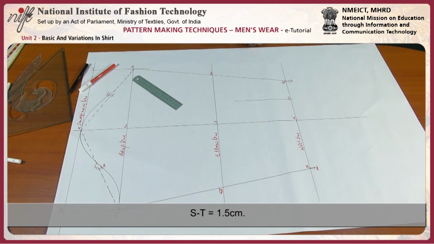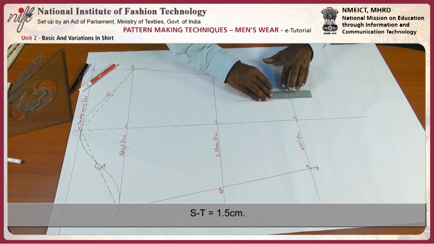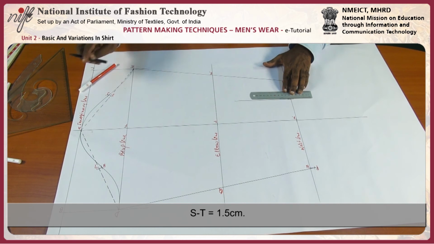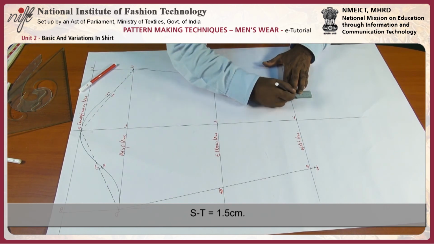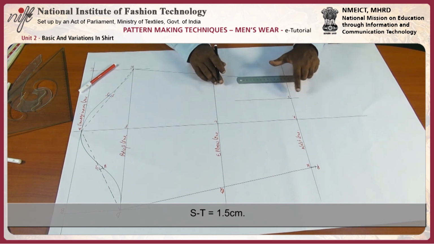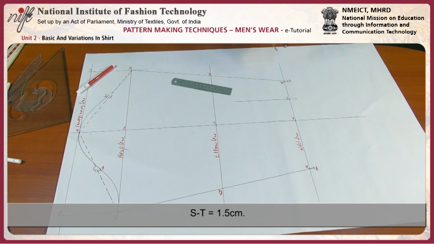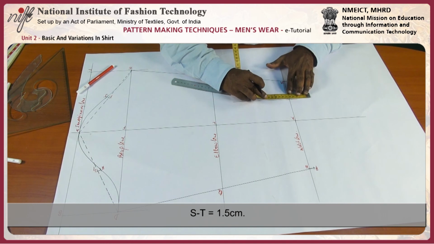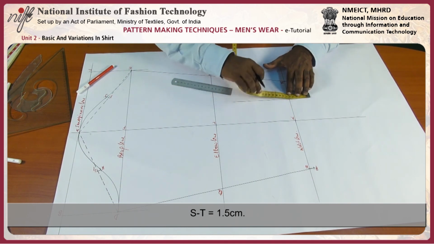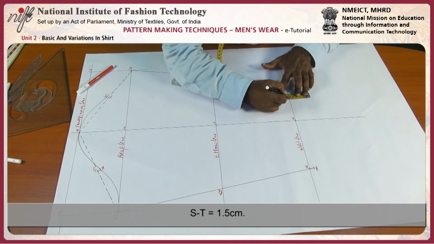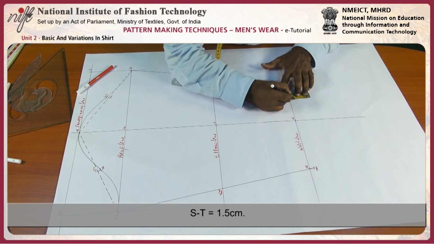S to T is 1.5 centimeter. See, the line of placket positioning is to be extended. From there, measure 1.2 centimeter, 1.5 centimeter.